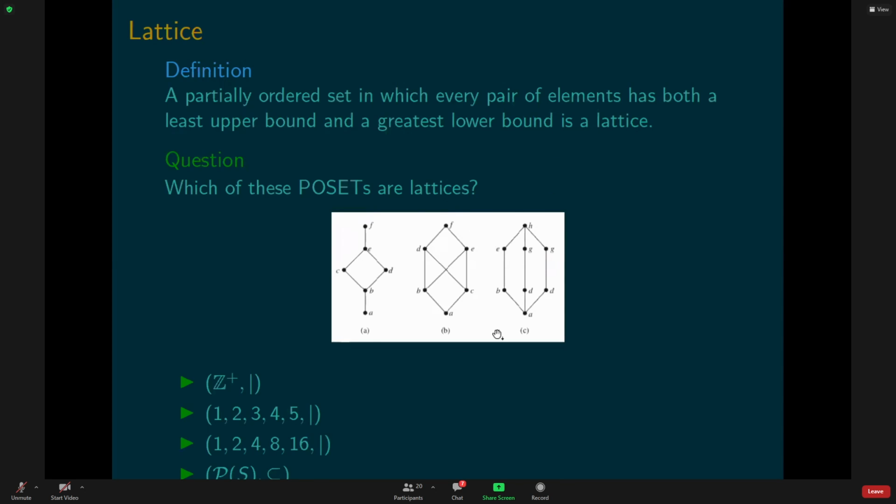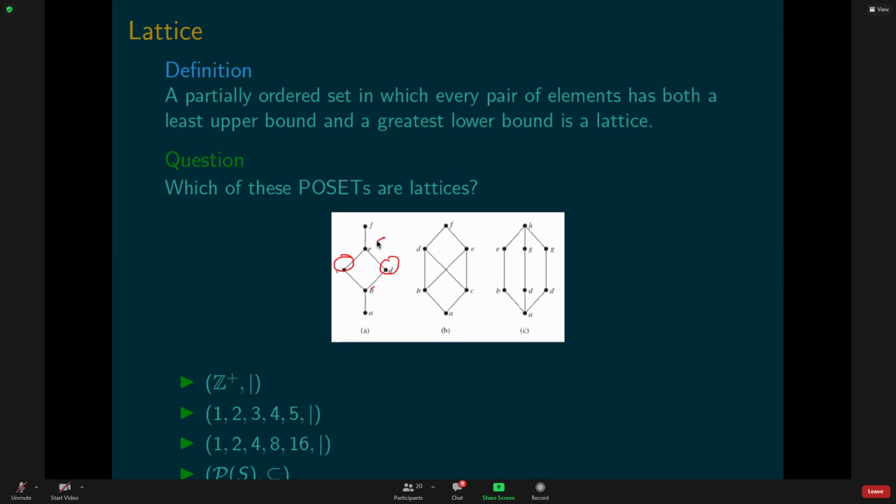Or the second one, is it a lattice? Sir, could you give an example about lattice? Because I don't understand the definition. So here, if we take any pair, let's take C and D, okay?